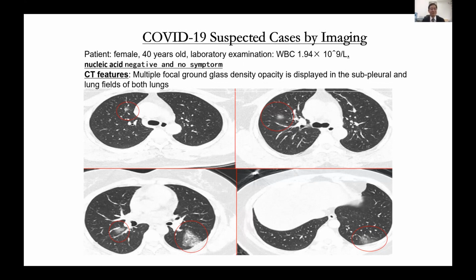But CT manifestation shows multiple focal ground glass density displayed in the subpleural and lung fields of both lungs.